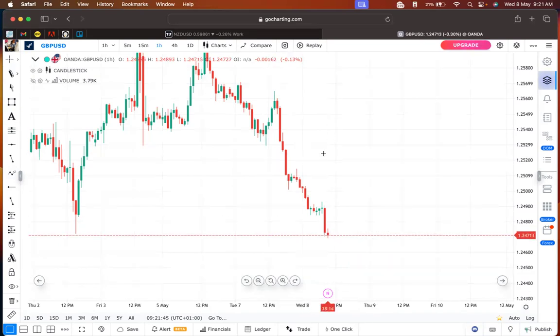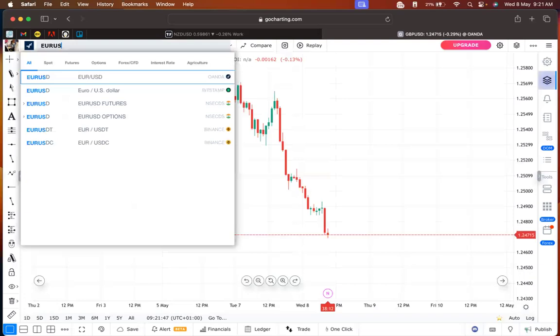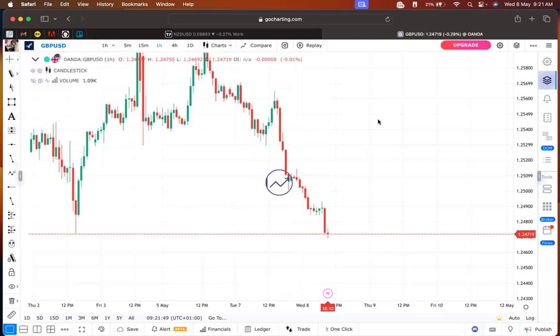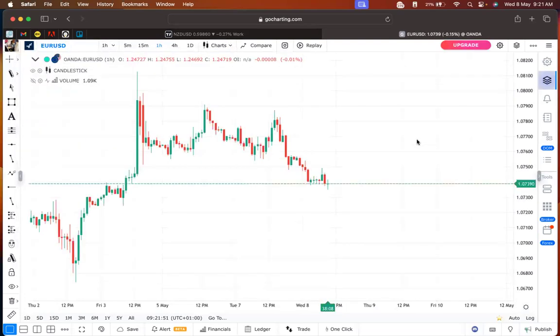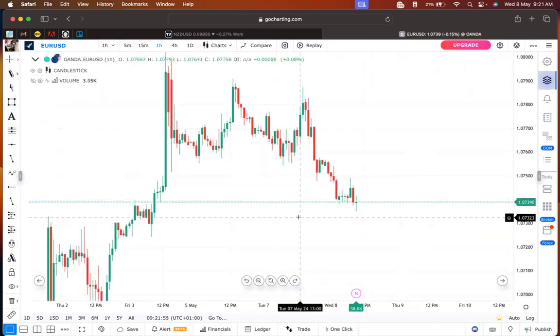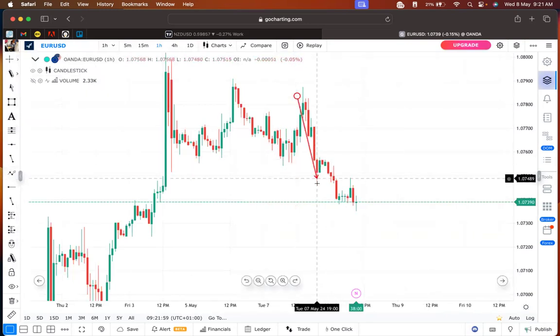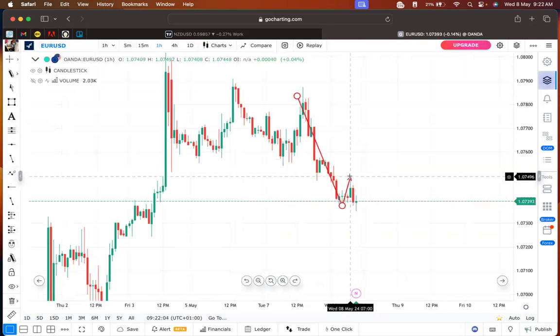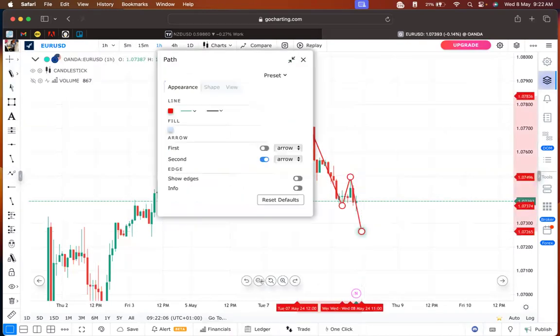Then someone said Euro USD. Let's see Euro USD. Good. Okay, so now if you take a look at Euro USD, you see that price actually broke to the downside. It created more or less a lower low. Price pushed back up for a lower high. Do you understand? And then we're pushing down again for a lower low.